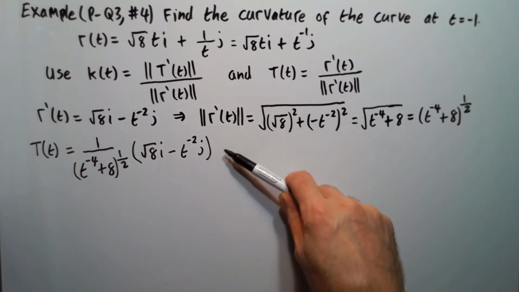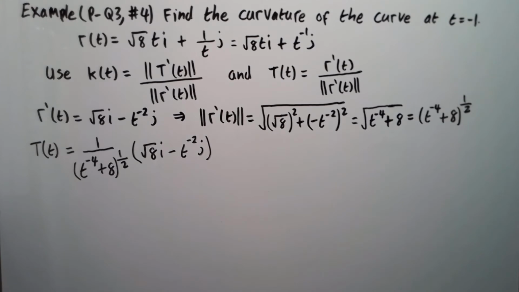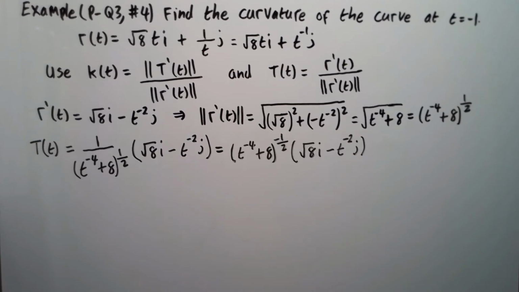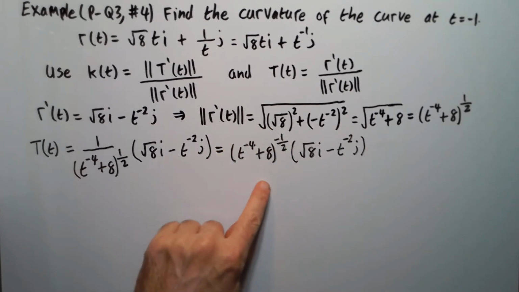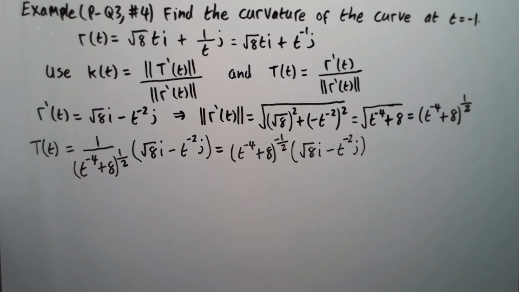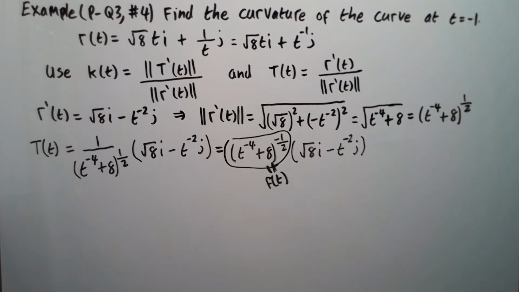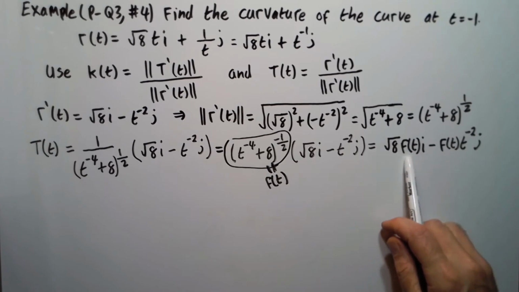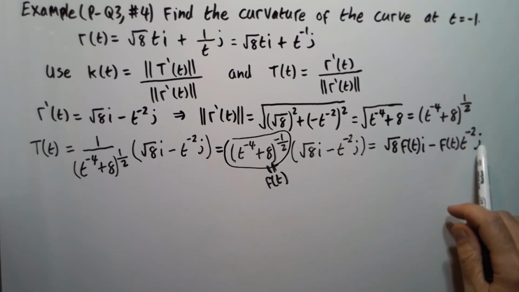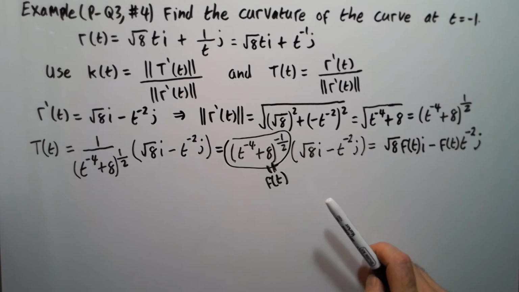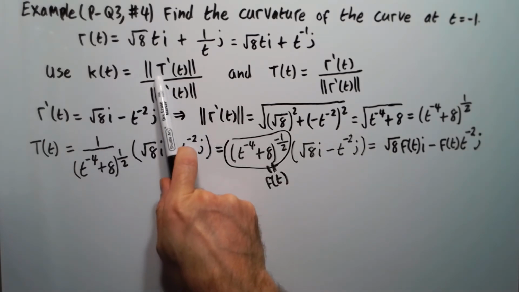Let's call this factor f, and multiply the f in to each of these. So we get square root of 8 f i minus f times t to the -2 j.